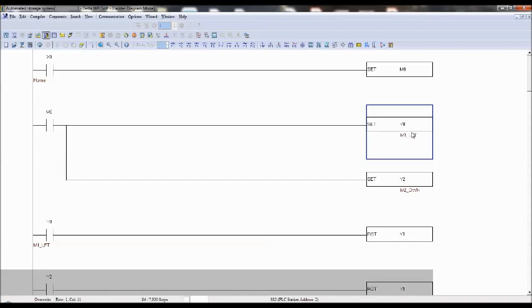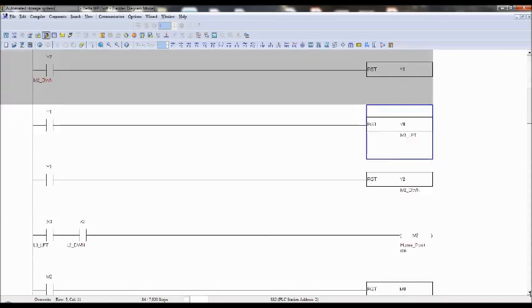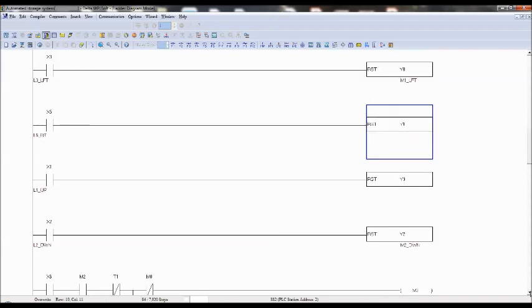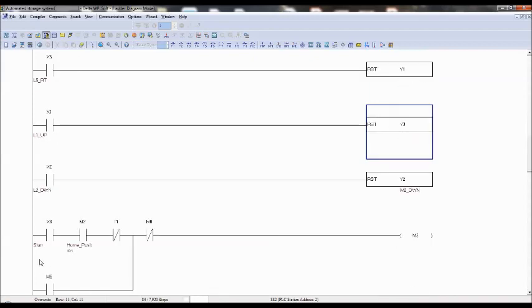Assume it has successfully reached the home position, and now you operate the start button. The start button is given to X6. M2 on means home position.